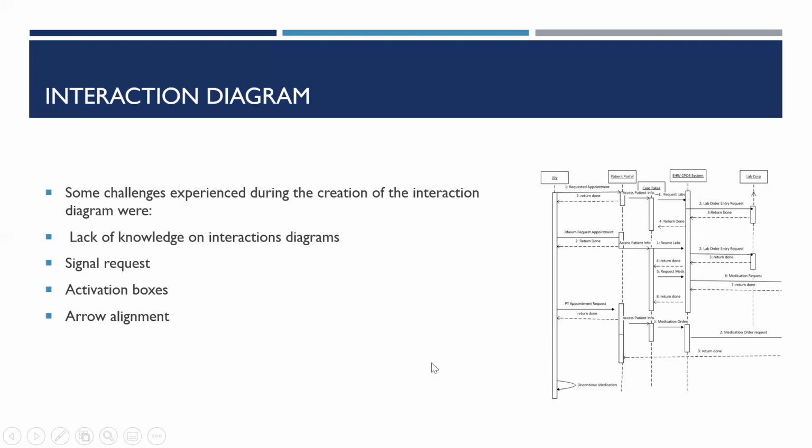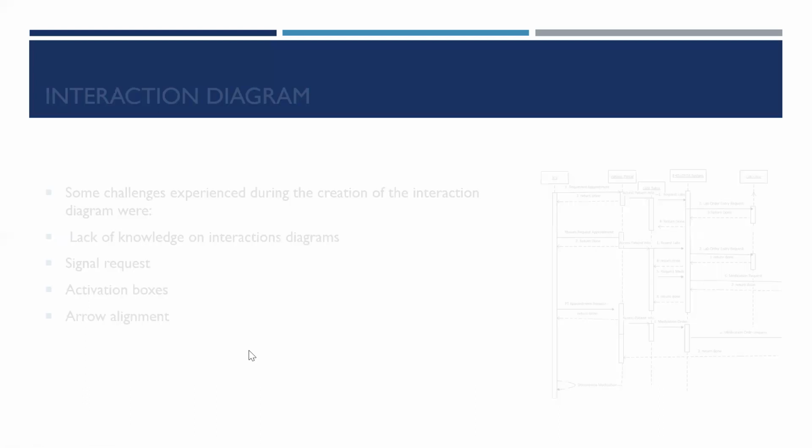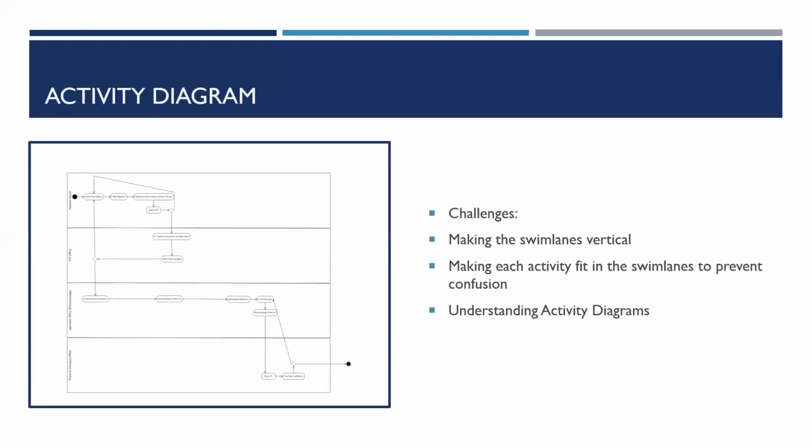And then the arrow alignment, for whatever reason, it was completely difficult to get the arrows to just go straight forward. So some of them, like this one, are still crooked, but there was no fixing it. So then we had the activity diagram.